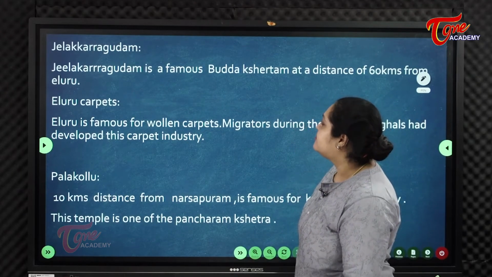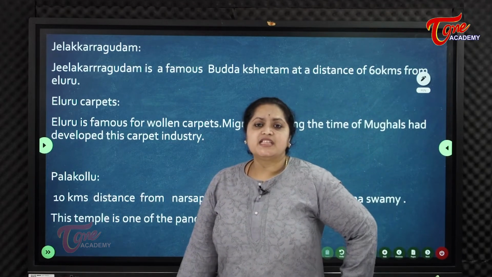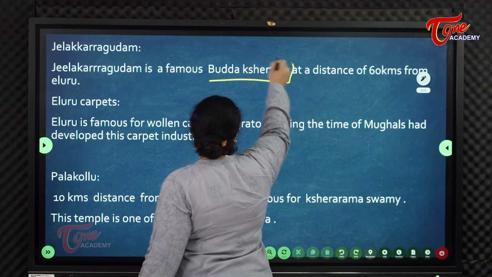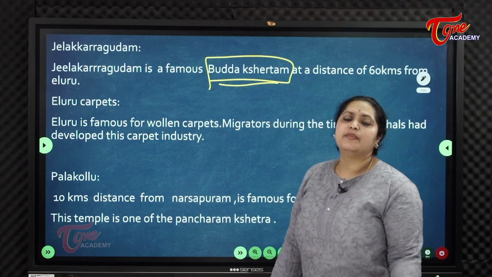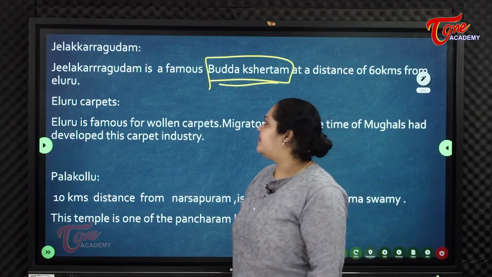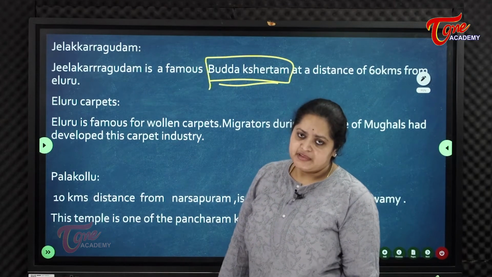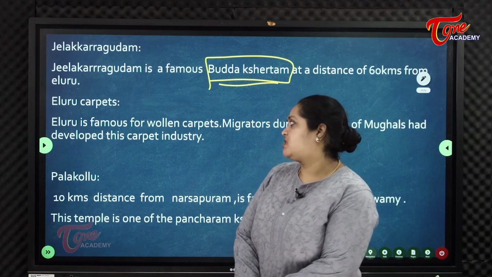Next one is Jeelakarra Gudam. That is famous for Buddhist Aramas or Buddhist Kshetram. It is 60 kilometers away from Eluru. That is Jeelakarra Gudam, famous for Buddhist monuments.